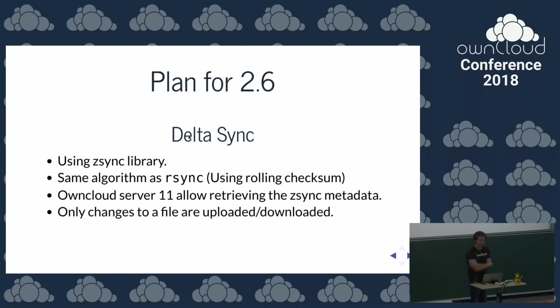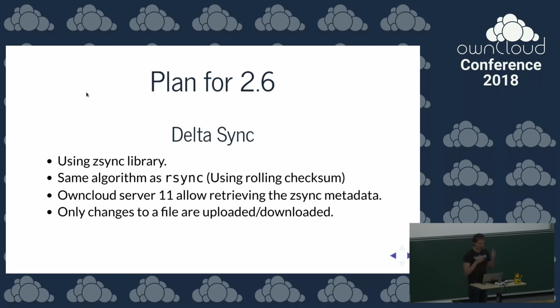So let's move to the plan for 2.6, which is probably going to be released next year. Delta Sync. Delta Sync is a feature that was contributed by a bounty hunter.